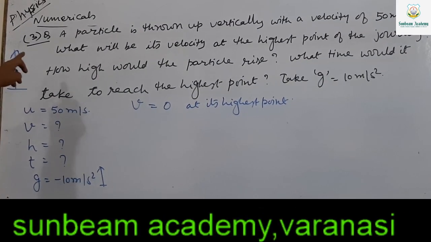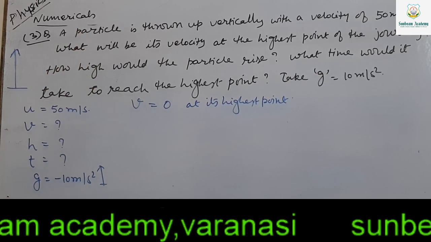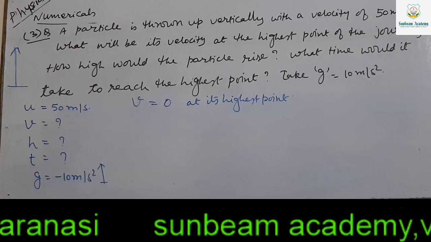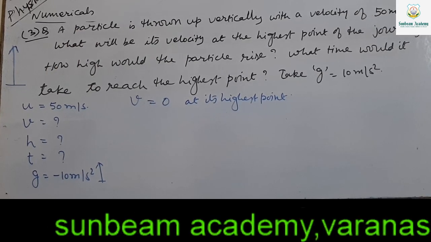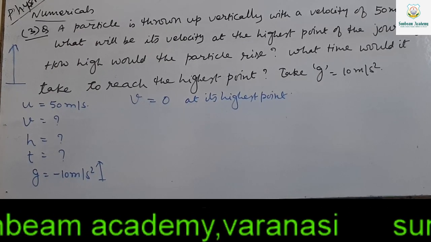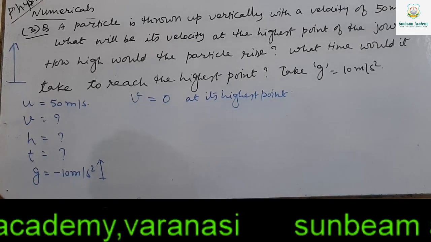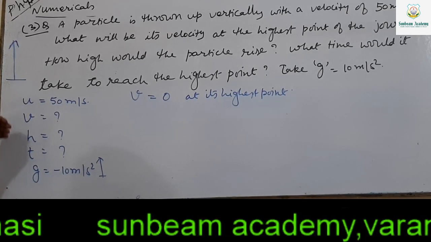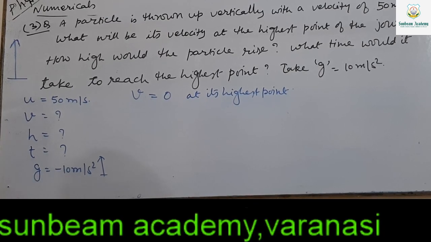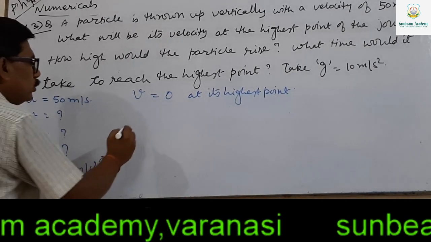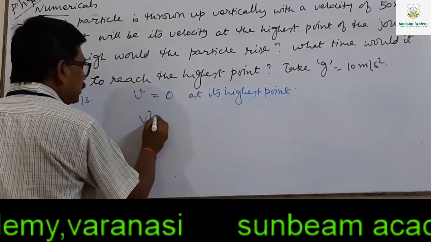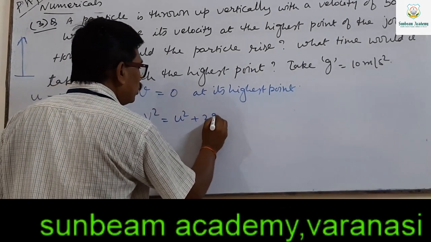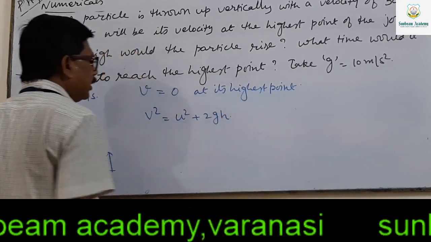Now, the first part is over. What is the velocity at the highest point of the journey? Now, the second part is how high would the particle rise? How high means you know the values of u, v, and g is given. Then what formula will you use? You will use v square is equal to u square plus 2gh.